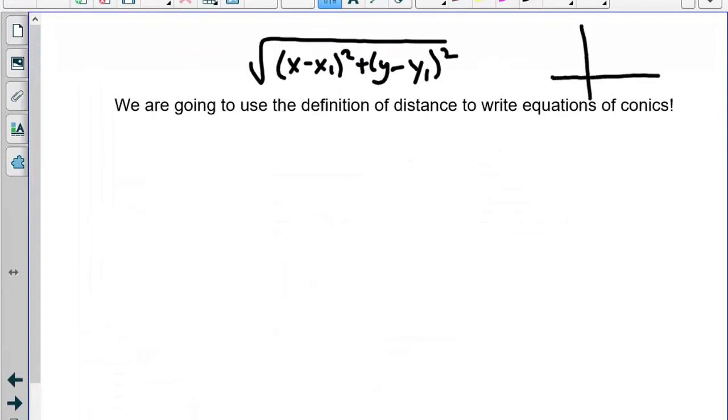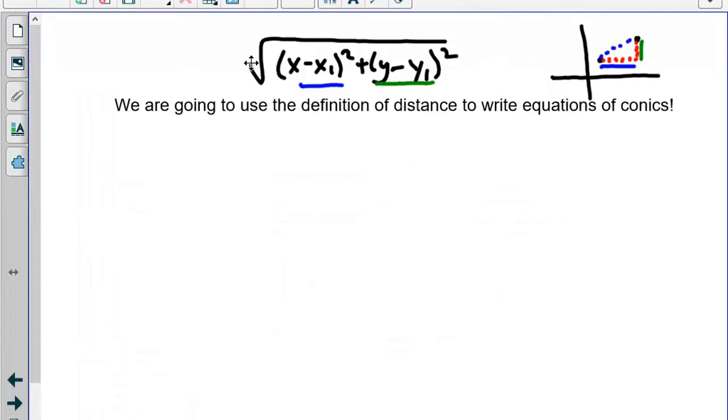So, if we want to find the distance from somewhere to somewhere else, essentially what we do is we figure out how far we're going in the x direction, how far we're going in the y direction, and then we square them, add them up, take the square root. And essentially that's what's going on.